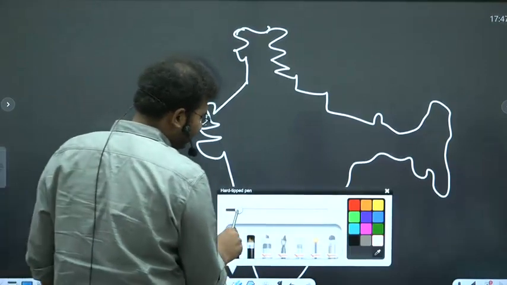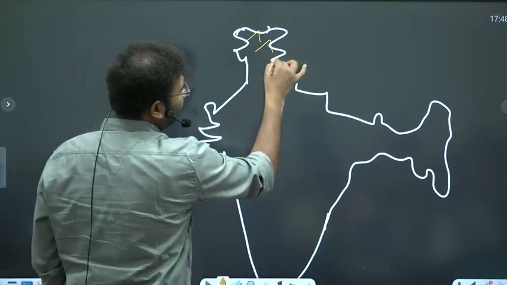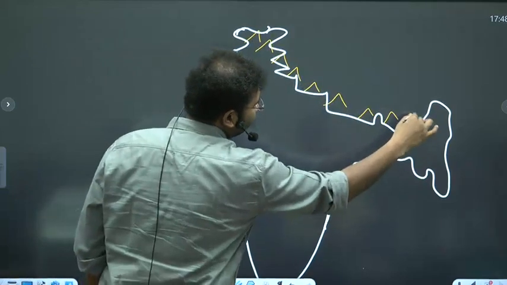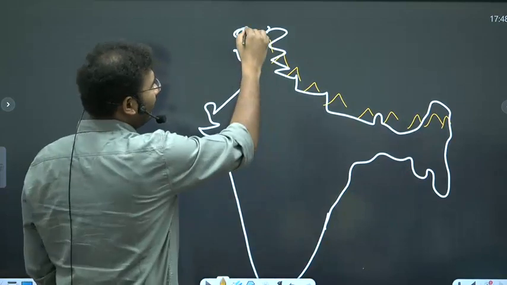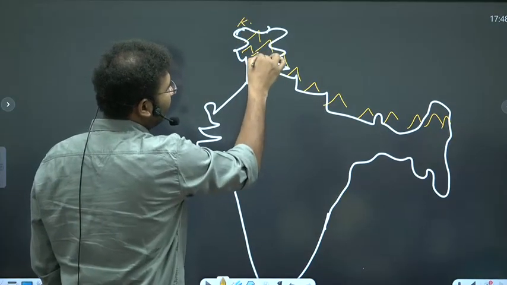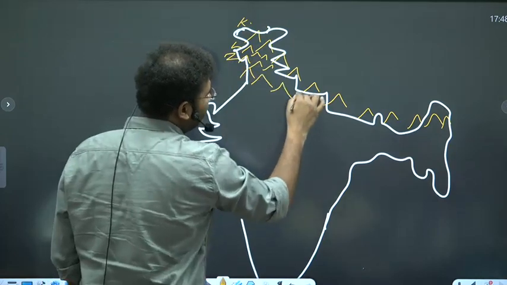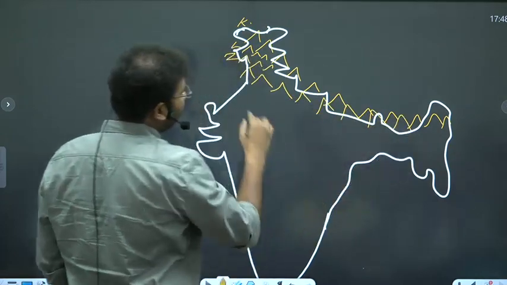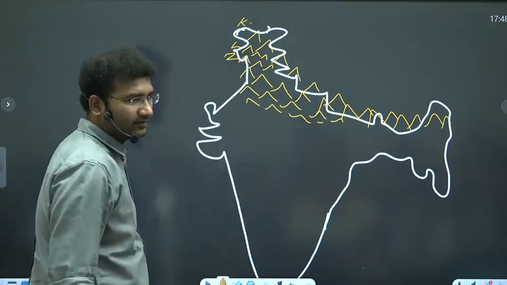I want you to first understand the ranges of the mountains. See, you have Himalayas. Yesterday we learned that from north to south, the top mountain ranges are Karakoram, then Ladakh, Zanskar, then Greater Himalayas and Lesser Himalayas, followed by Shivaliks. Are you clear with this? Yes.